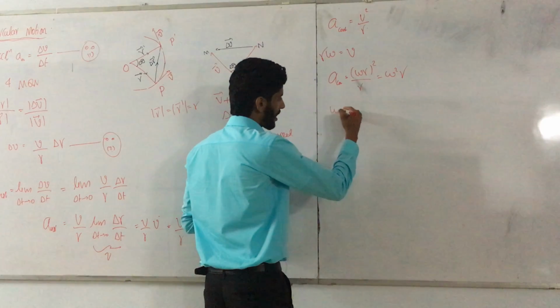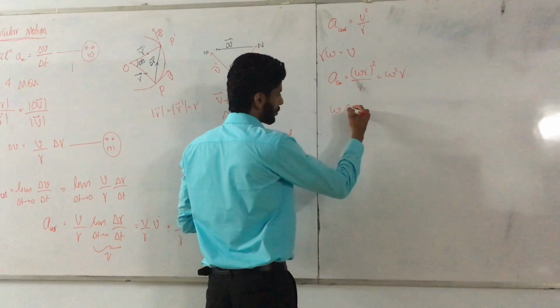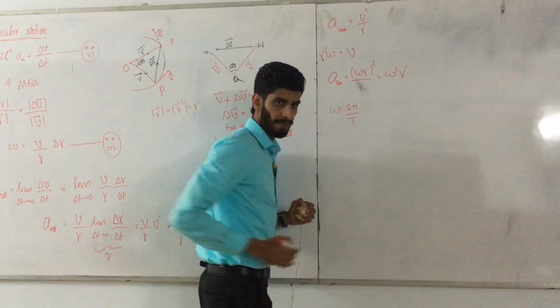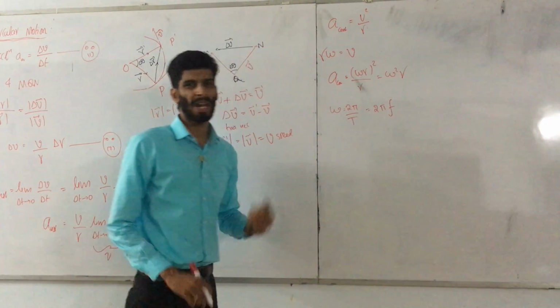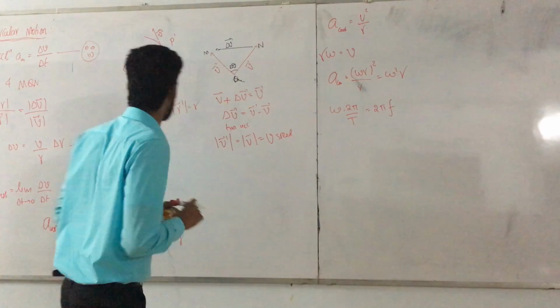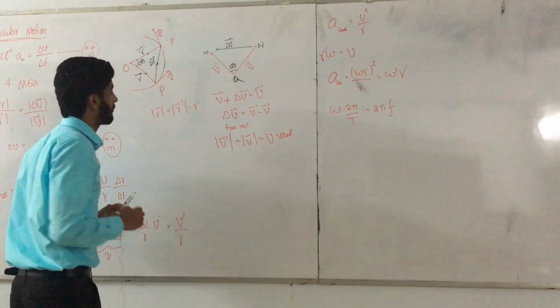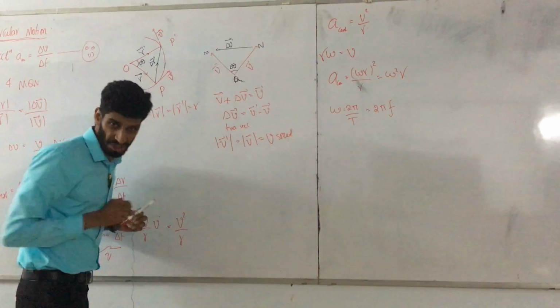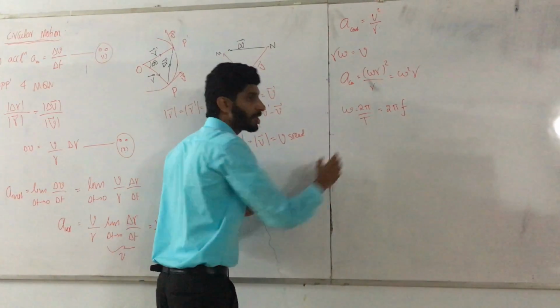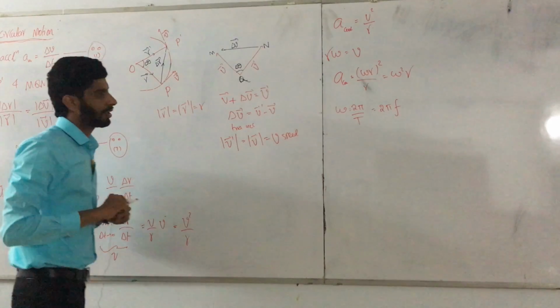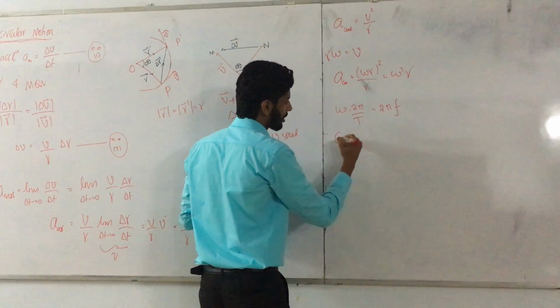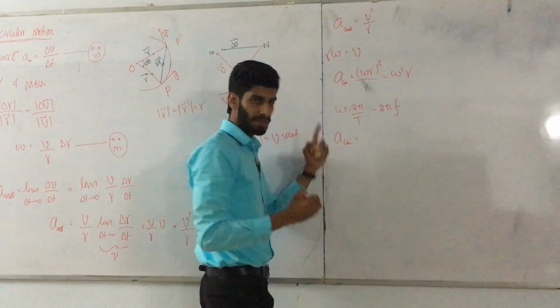However, I know angular speed omega is equal to 2 pi by time period, which is also equal to 2 pi times frequency. Frequency is the number of rotations, the number of revolutions in 1 second. Time period is the time taken for one full complete revolution. That is what it means. So I can write centripetal acceleration in terms of the frequency.